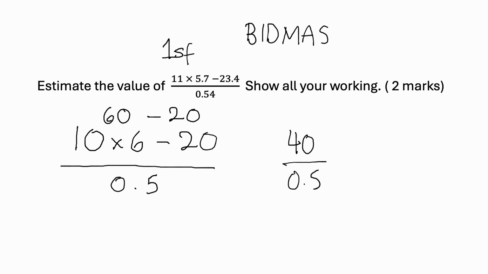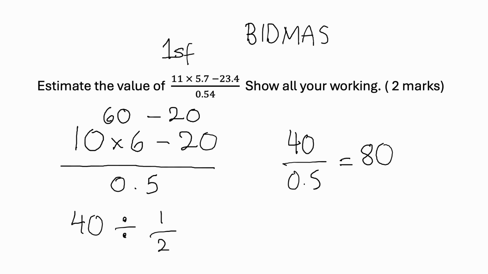Okay, 40 divided by 0.5. If we know it, essentially that's going to be 80. But if we are not too sure, how I like to think about it is 40 divided by 0.5, which is a half.